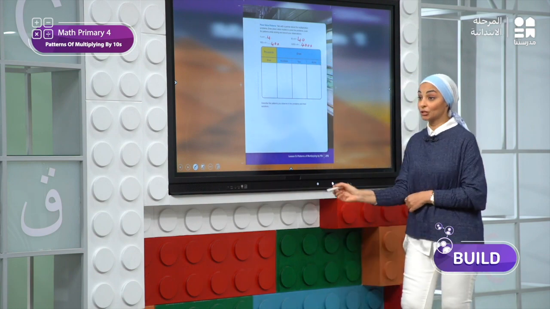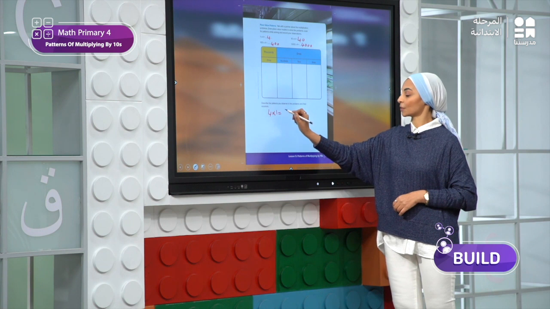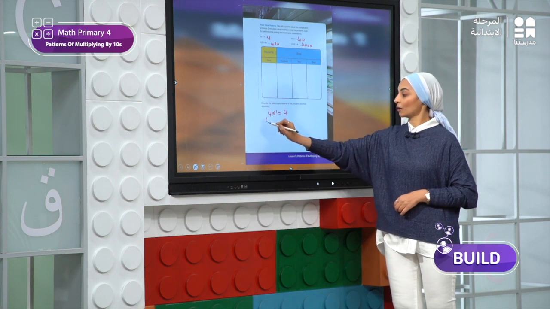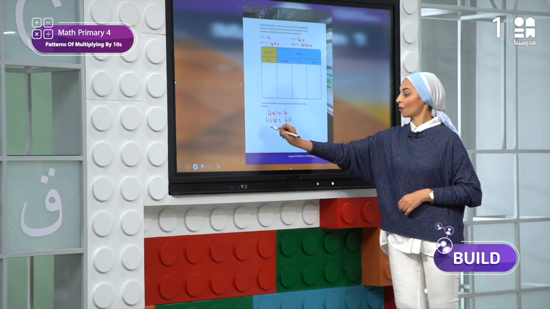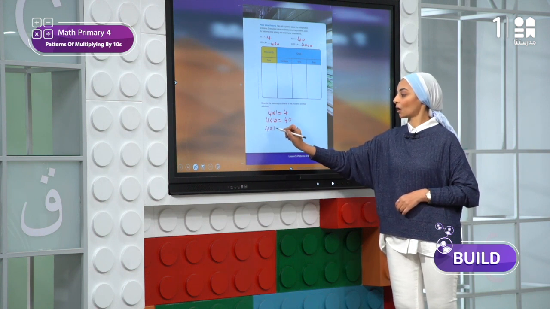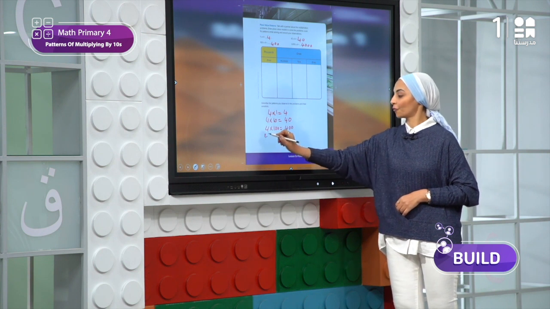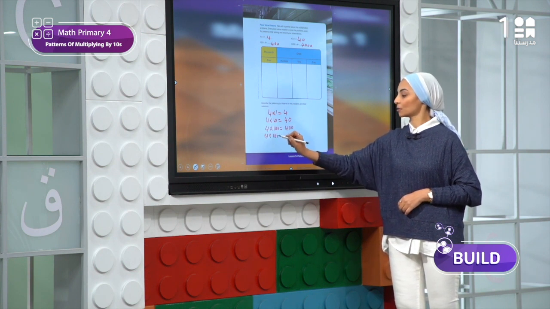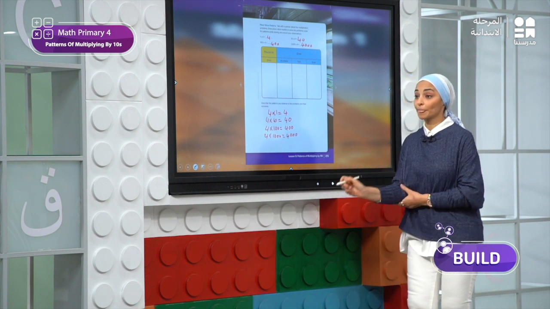Let's write the pattern together. So here I have 4 times 1 gives me 4. 4 times 10 gives me 40. 4 times 100 gives me 400. And 4 times 1000 gives me 4000. And this is my pattern.